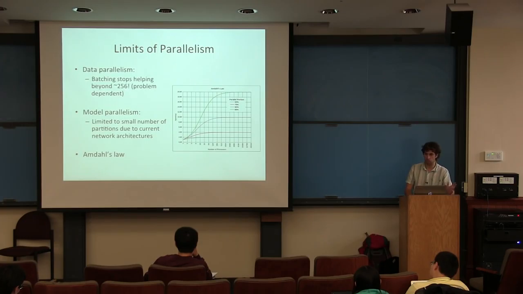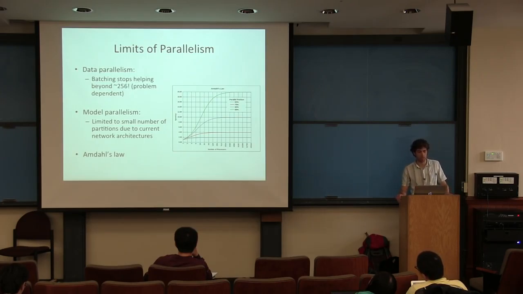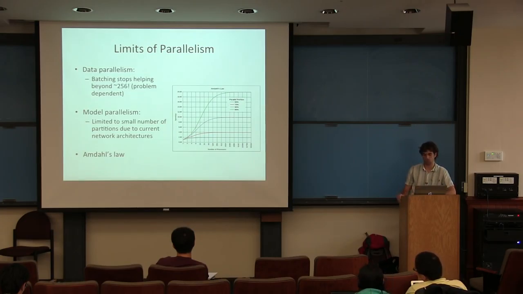It's problem dependent, but that's what we found for a lot of our problems. In terms of model parallelism, it's really limited depending upon the type of model, because it depends on how you can partition the model. You can partition the computational graph, as well as the amount of data that needs to be exchanged between the different partitions of your computational graph as you're doing the forward propagation and backward propagation.